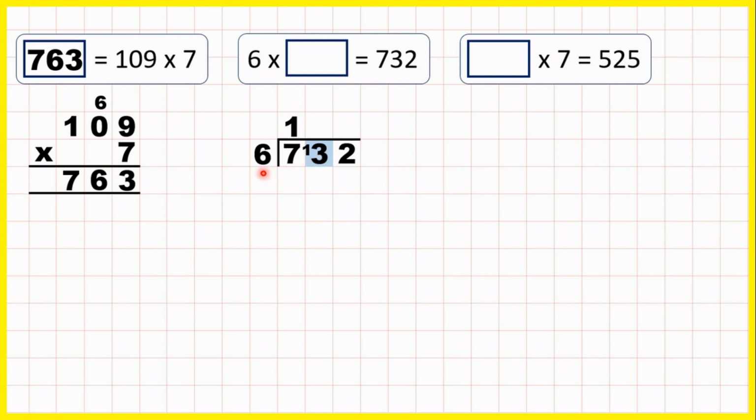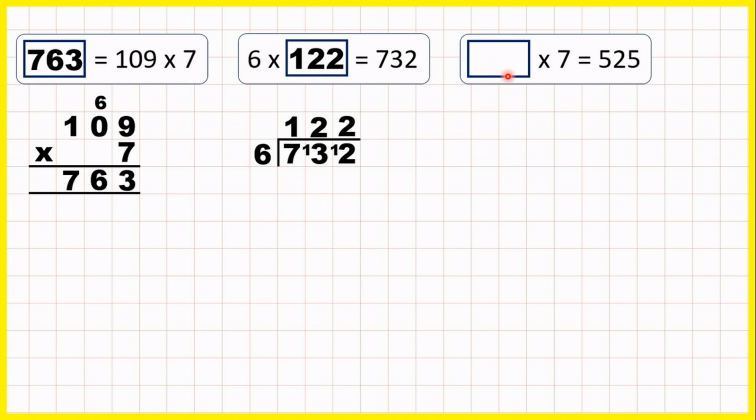Now 13 divided by 6 is 2 remainder 1, because 2 times 6 is 12, but then we need one more to get to 13. And finally, 12 divided by 6 is 2, because 2 times 6 is 12. So our missing number is 122.